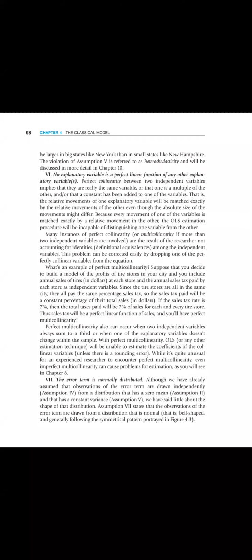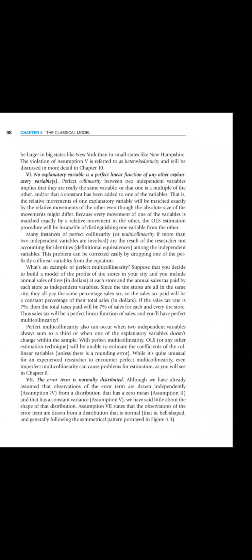Although we have already assumed that observations of the error term are drawn independently from the distribution and have a zero mean, that's assumption number 2, and a constant variance, that's assumption 5, we have said little about the shape of the distribution. Assumption number 7 states that the observations of the error term drawn from the distribution have to be normal. In other words, they need to have that bell shape, the one that we have.